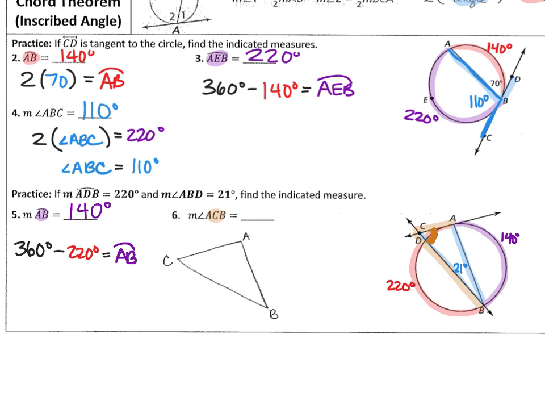So I personally think there's too much going on here right now for me to find this angle. And I forced you to do it along with me. Do you notice that I've redrawn this triangle ACB here on your paper? I think it's helpful if we take it out of the image just to look at it for a second. The things we know is that angle B is 21 degrees, and we're looking for angle C.